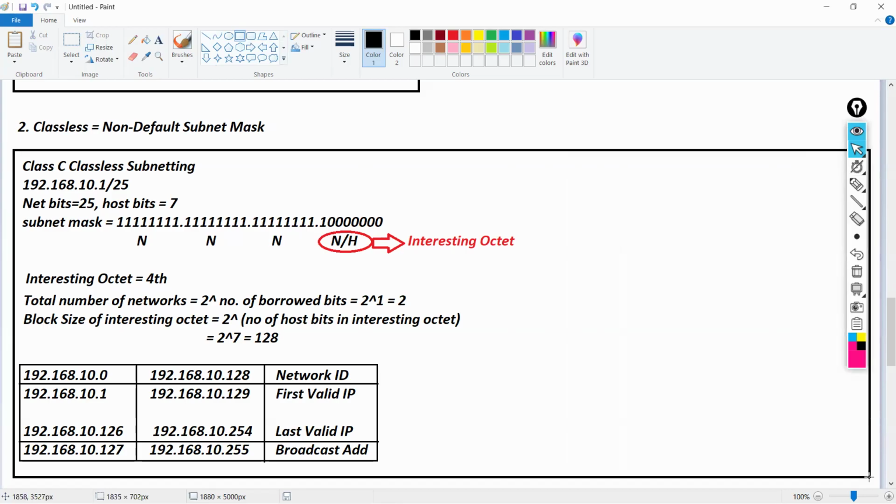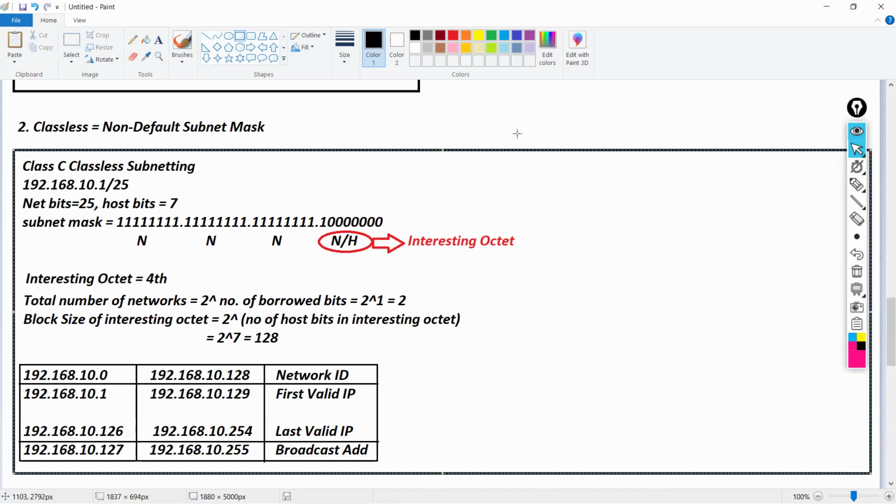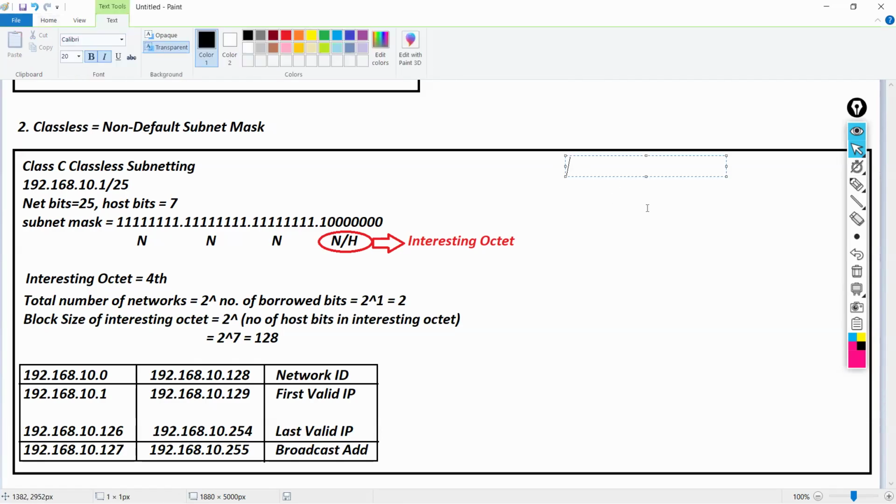Now we can take some examples like this. Let's say you have been given the IP address 192.168.10.150/25.